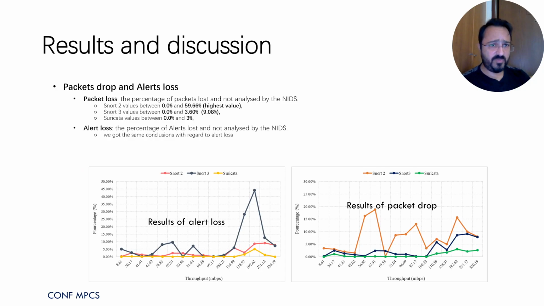Suricata has the lowest, 3% packet loss. And again, losing packets also means that you lose alerts.